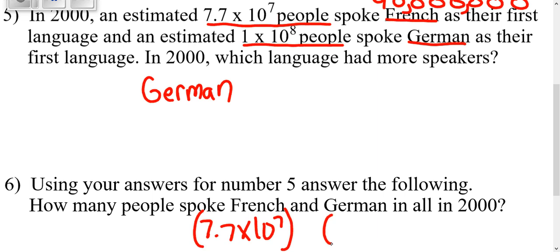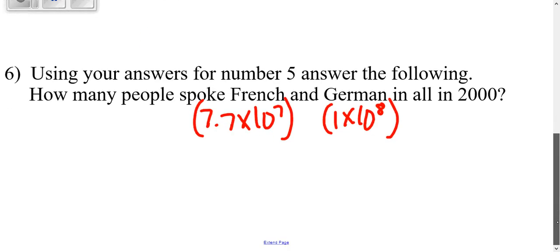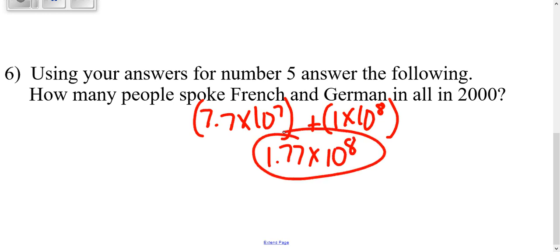So what do you think it is? In all? Anyone? It's addition. So if you're adding, you get 1.77 times 10 to the 8th in your calculator, and that's about it.